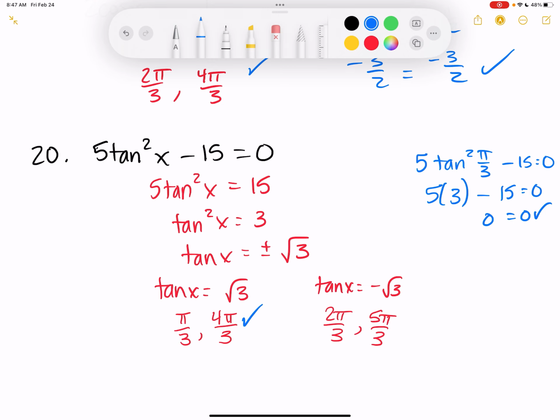And then I just need to check a negative one just to make sure. So 5 tangent squared of 2 pi over 3. So that's minus the square root of 3, but since it's being squared, the negative sign goes away, so it becomes positive 3, so it's still 5 times 3 minus 15 equals 0. 0 equals 0, so those are good.